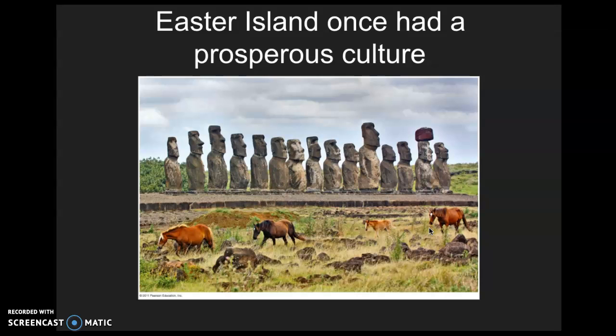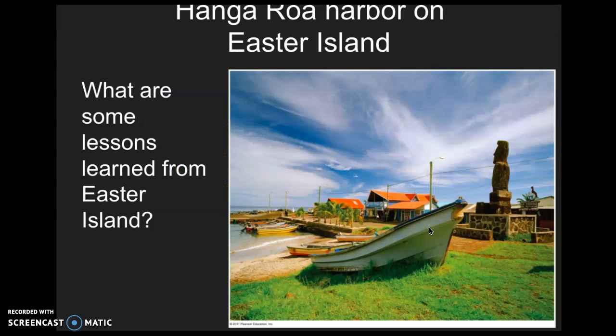They used the trees for structural material, and then they erected these stones from a quarry and used them for creating these Easter Island stones. But the problem was they eliminated all their natural resources. And eventually had to abandon the area. There's just so few people left.